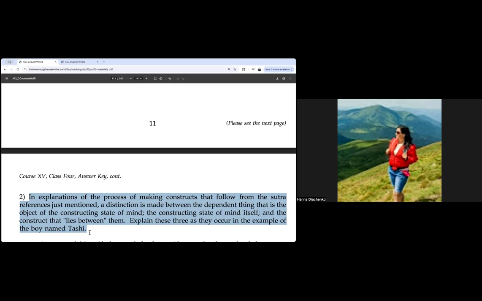Explain how these three occur in the example of the boy named Tashi.